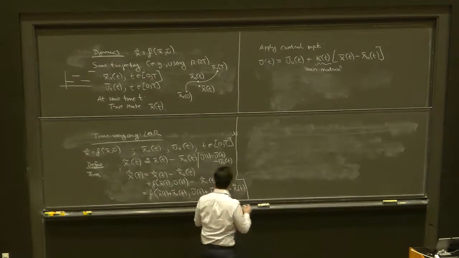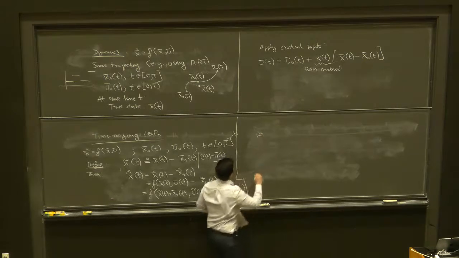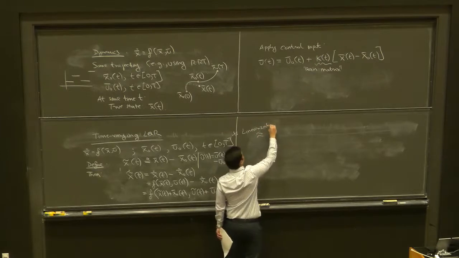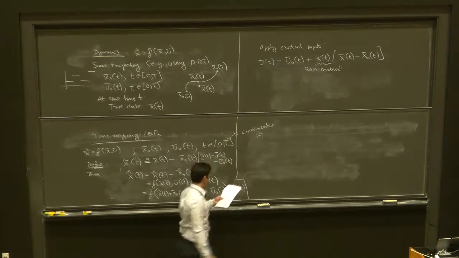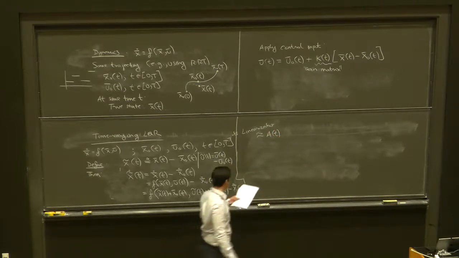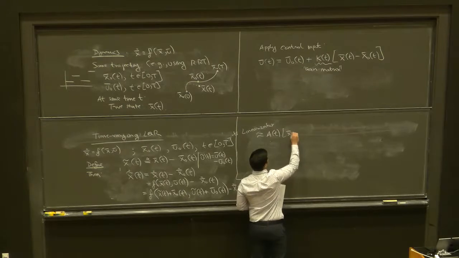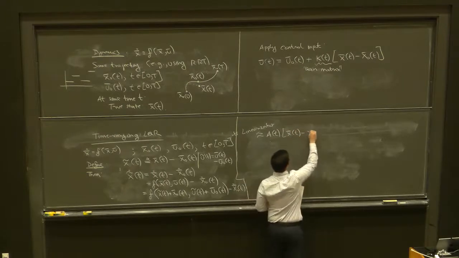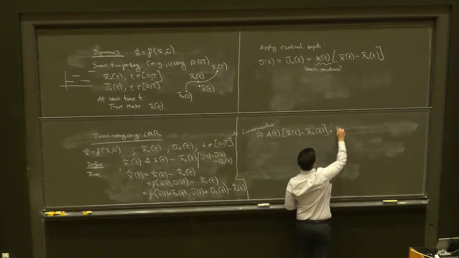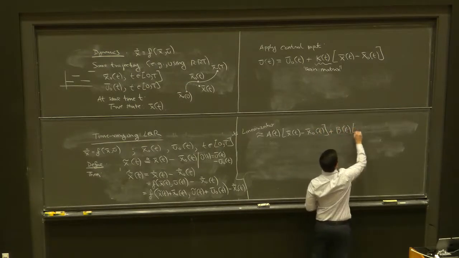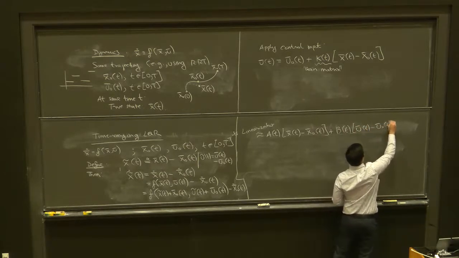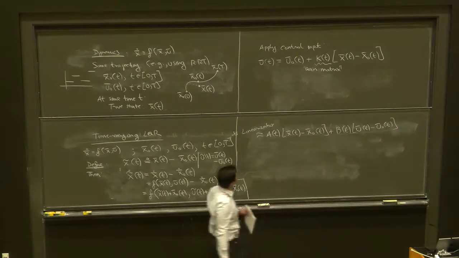So I can write this or approximate this using linearization as some matrix A at time t, x at time t minus x0 at time t, plus some matrix B, u at time t minus u0 at time t.